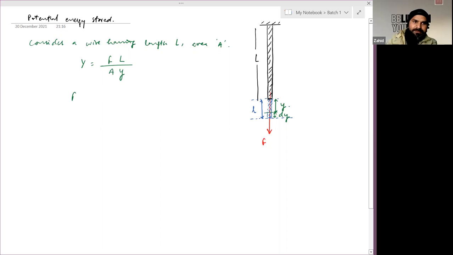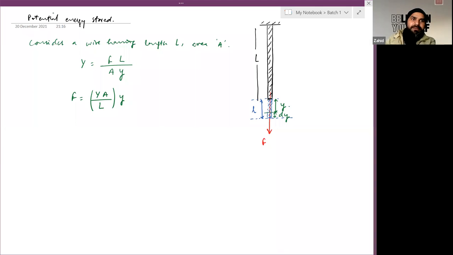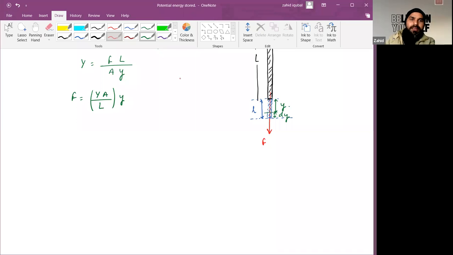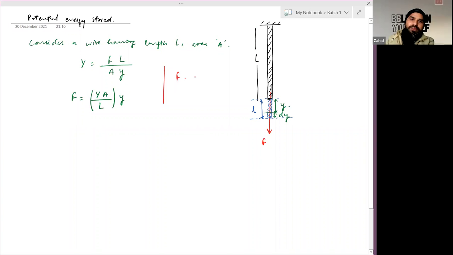So from this we can write F equals YA divided by L times y. We may relate this expression to a spring, as for a spring F equals K times X if you are using external force. In terms of restoring force, it will be minus K into X, where X is the displacement of the spring and K is called the spring constant.